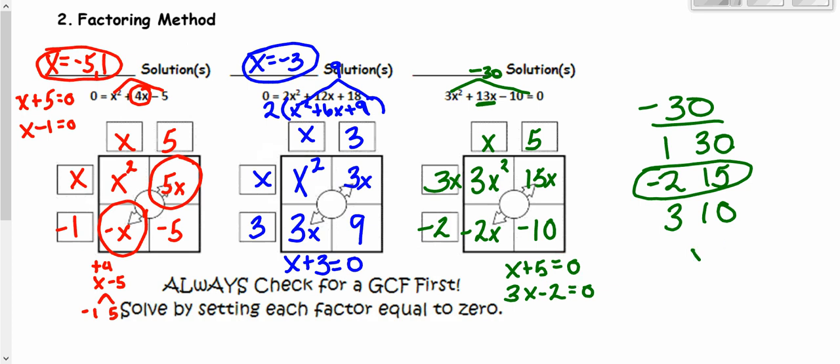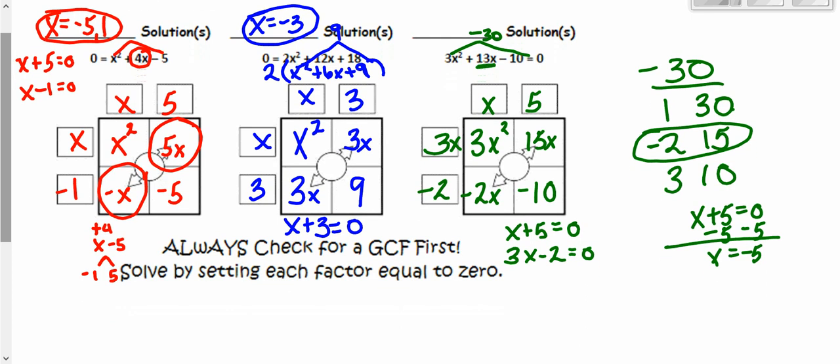So x plus 5 equals 0. I'll subtract 5 from both sides. I get x equals negative 5. So that's one solution. 3x minus 2 equals 0. I'll add 2 to both sides. So 3x equals 2. I'll divide by 3.